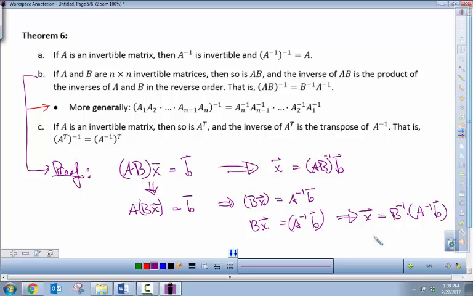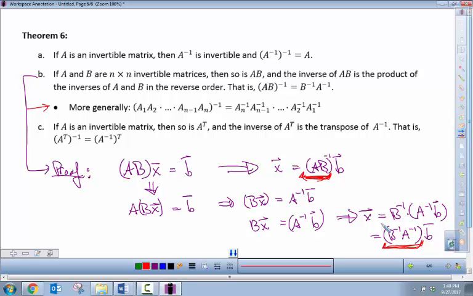And now we can just reassociate what we have applied to b. So now we see that our x is equal to this matrix (AB) inverse, which also happens to be x equals B inverse times A inverse. So that matches.